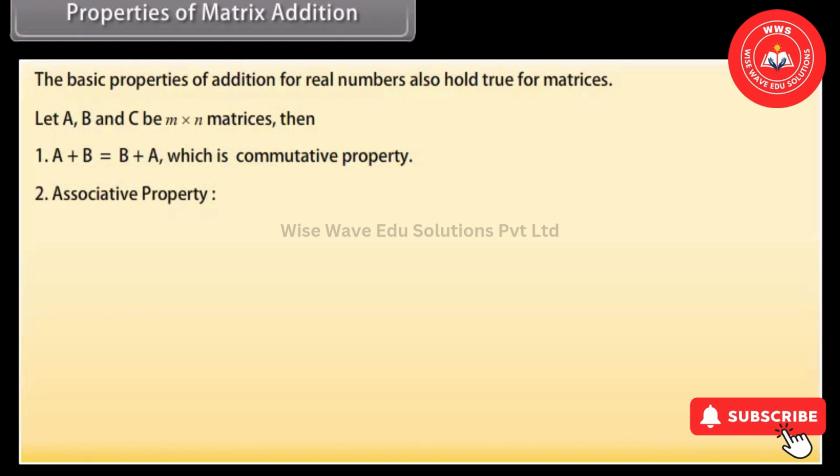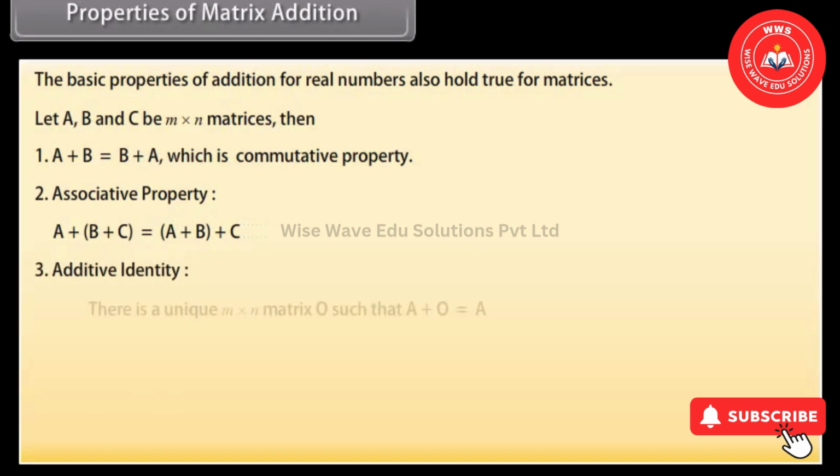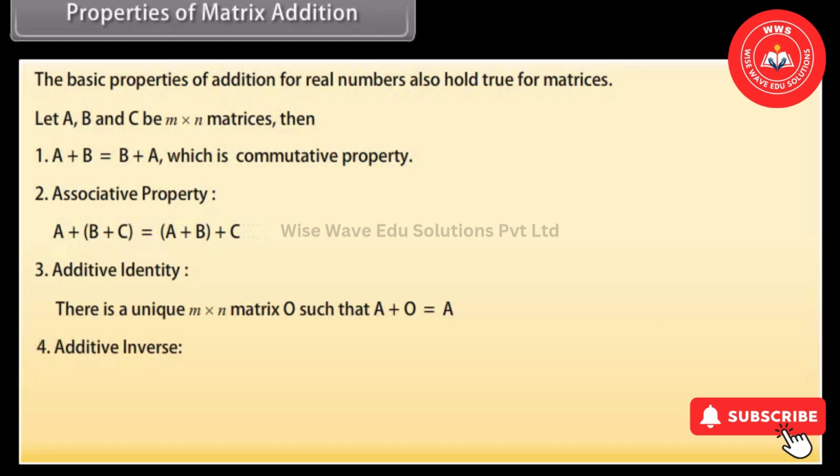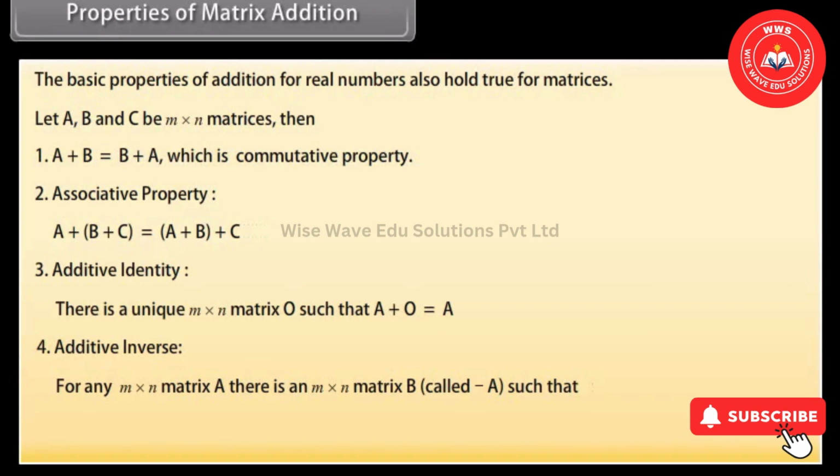Associative property, A plus B plus C is equal to A plus B plus C. Additive identity. There is a unique m by n matrix O such that A plus O is equal to A. Additive inverse. For any m by n matrix A, there is an m by n matrix B called minus A such that A plus B is equal to 0.